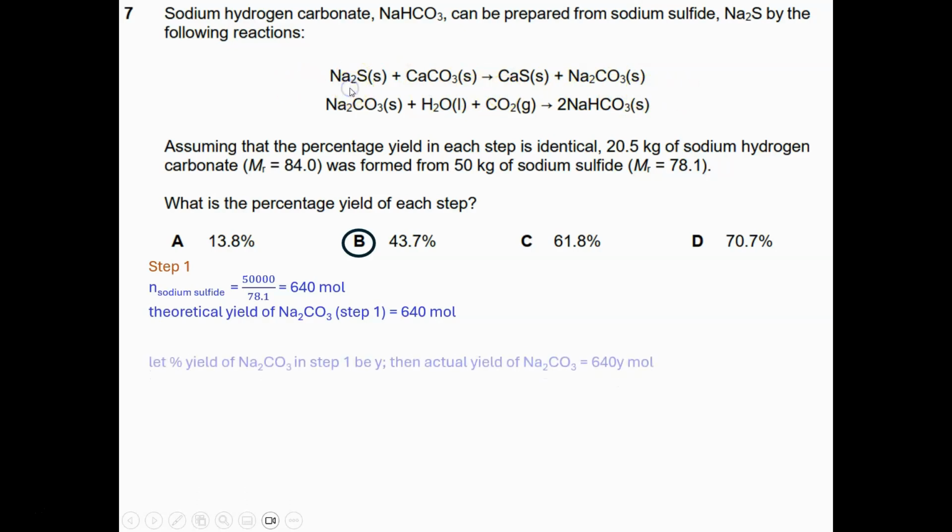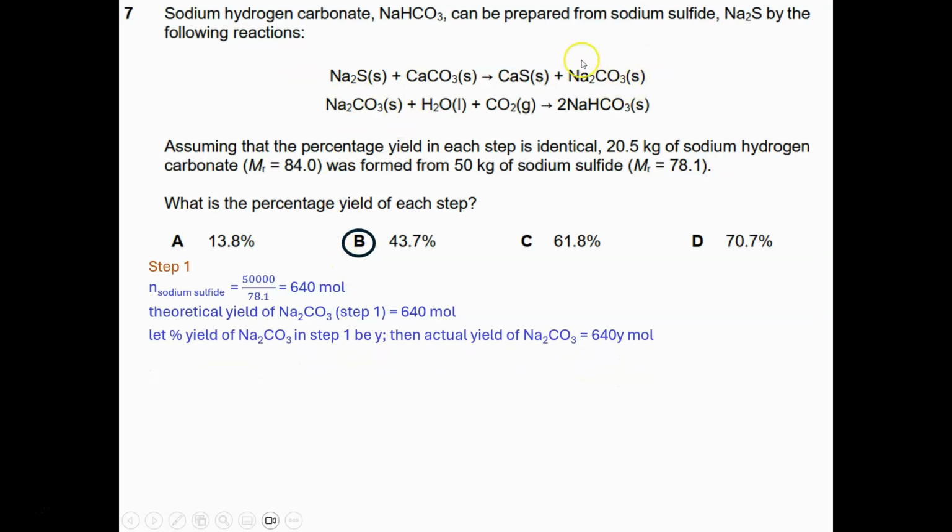So we let the yield of sodium carbonate here be Y, and the actual yield of sodium carbonate will be 640Y moles.